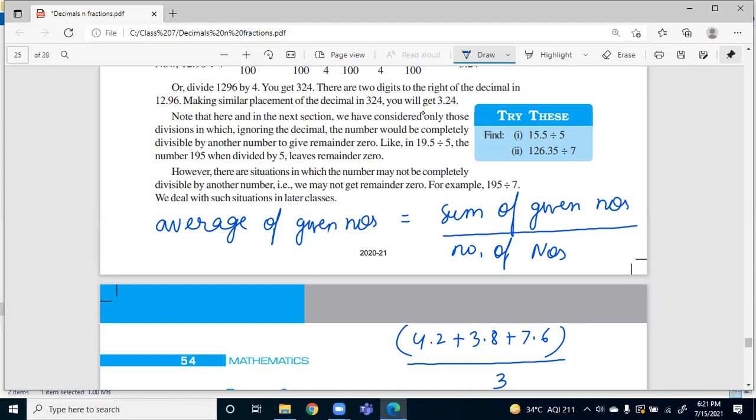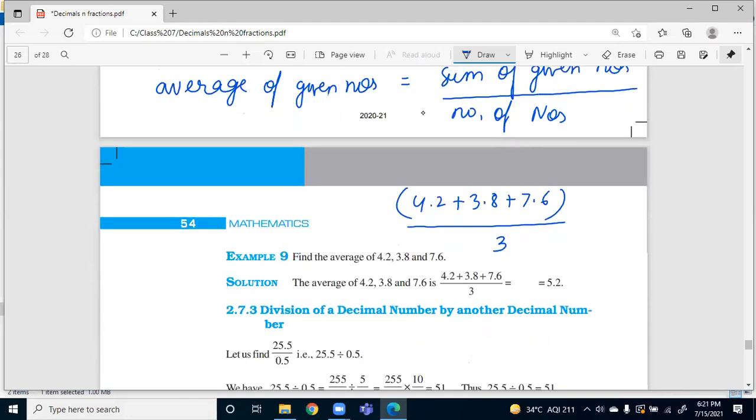If I talk about three numbers, whatever is their value, you have to add, that is called sum, and then you have to divide by their number. There are three numbers, so I will be dividing it by 3.